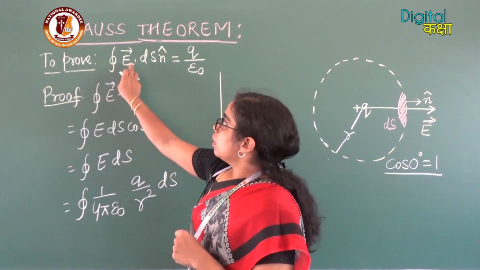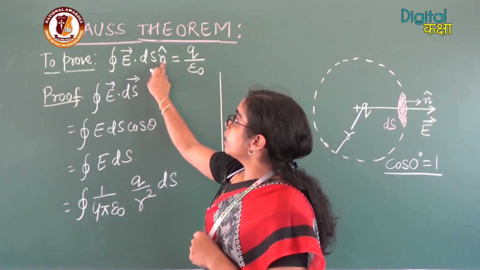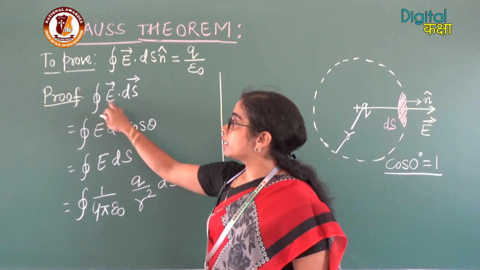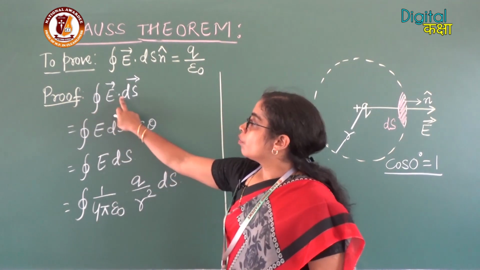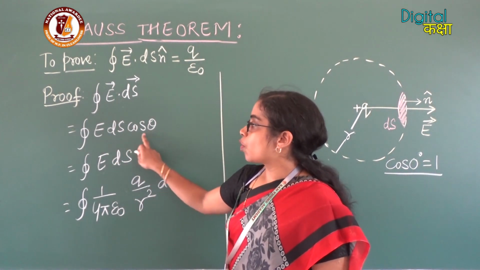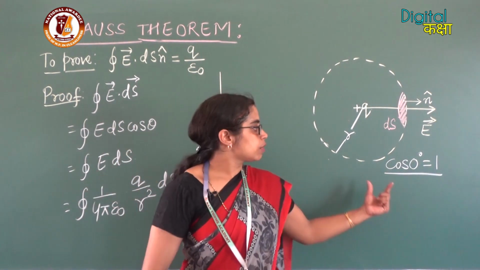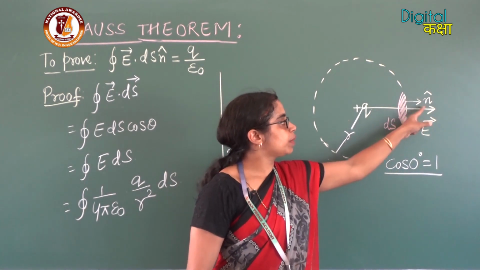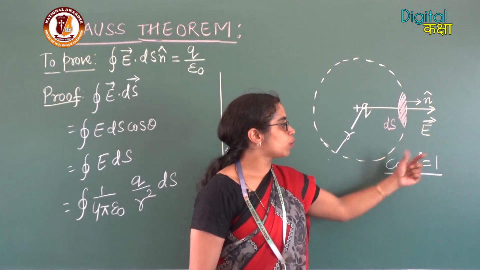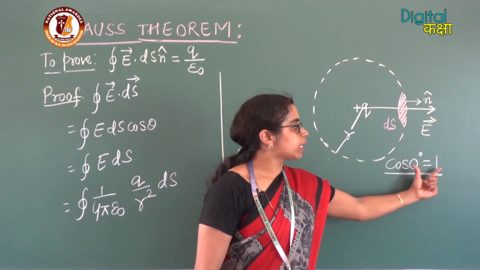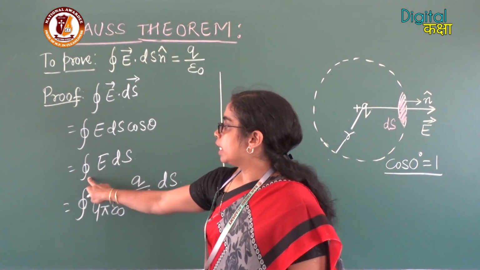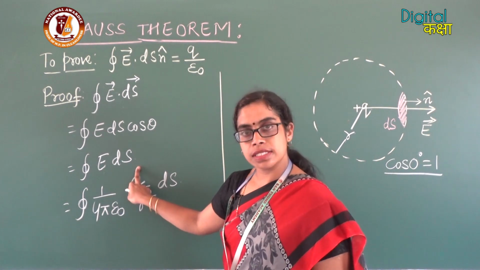In the proof, vector E dot ds n cap can be written as vector E dot vector ds and its integration. When I have to remove this dot, I will be using the concept of cos theta. Since the value of theta, the angle between these two vectors n cap and vector E, is equal to 0, and we know that cos 0 degree is equal to 1, we have the next step as integration of E ds.